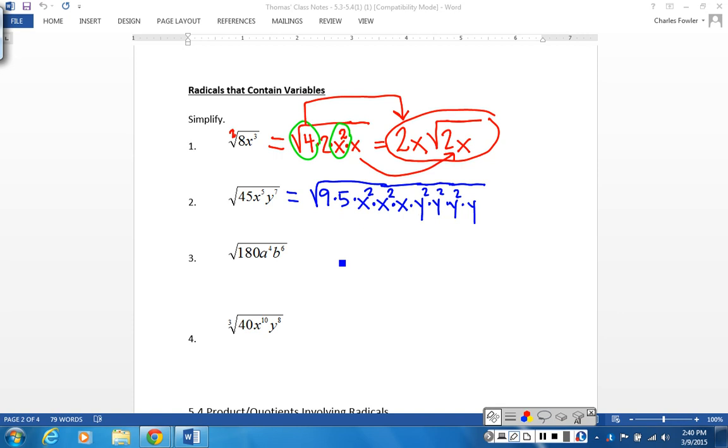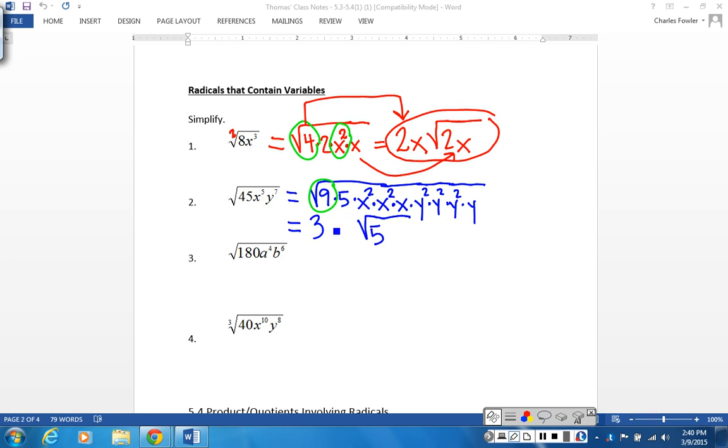Alright, now let's begin taking things outside of the radical. So we need some space in the front of the radical. Let's go down the line. Square root of 9 we know is 3, so we take that 3 on the outside. 5, however, is not a perfect square, so it stays on the inside.